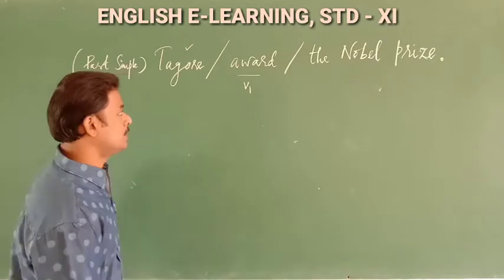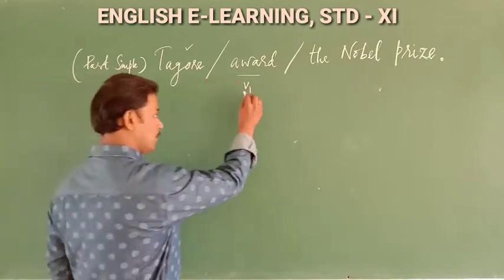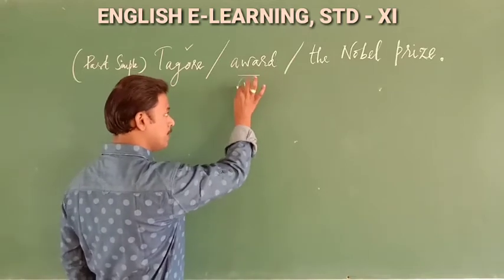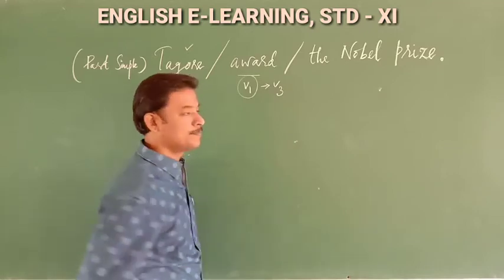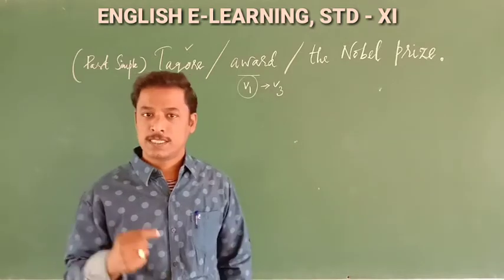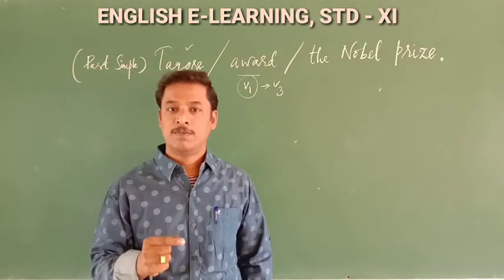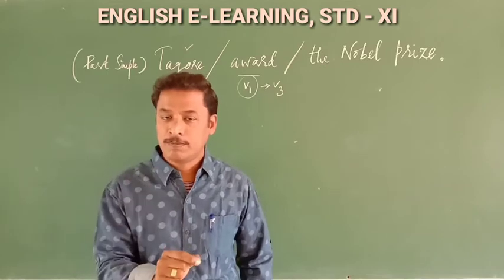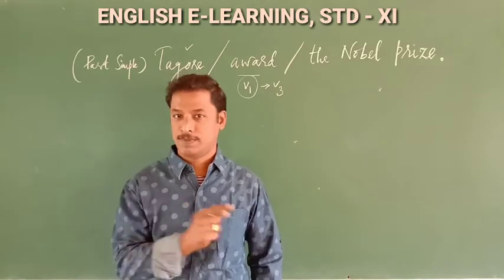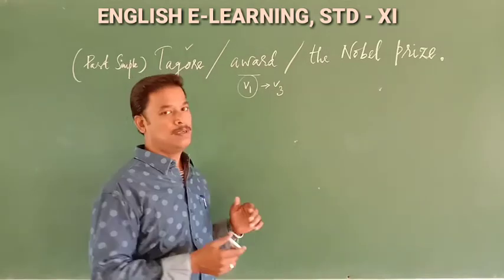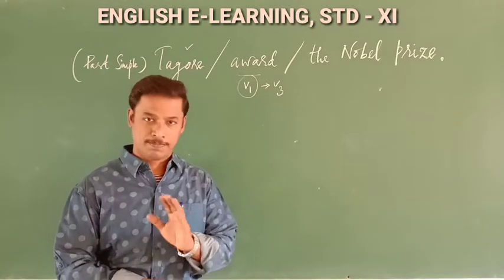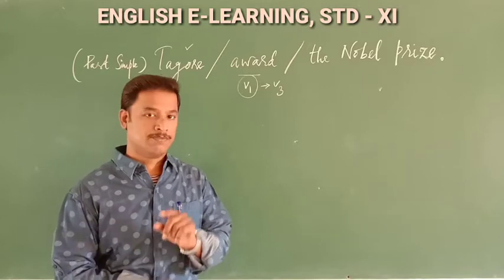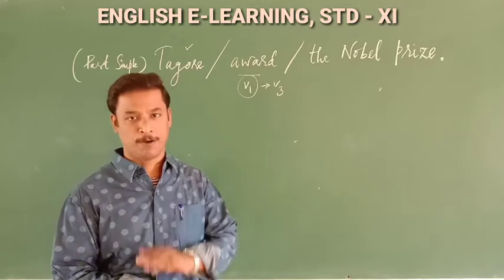So we are going to change this base form to verb 3, because whatever the tense form, the verb should be in the third form in passive construction. Whenever we use the verb in a passive sentence, the verb should be in the third form.